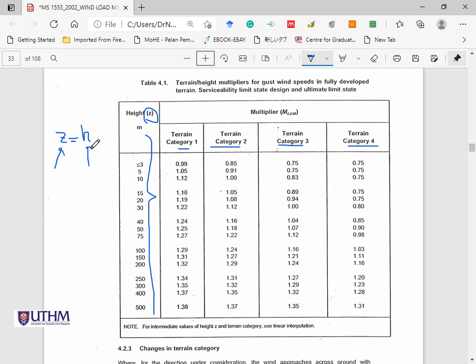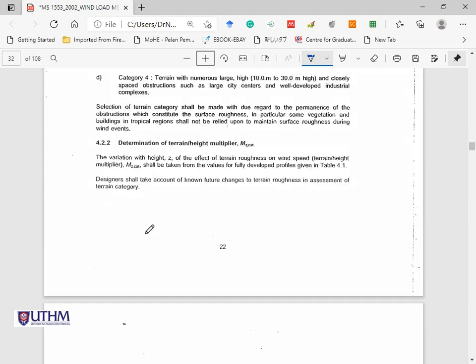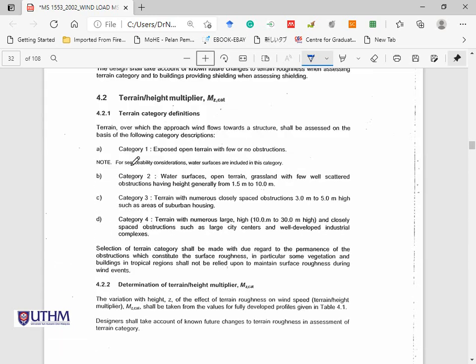For the leeward, the H is constant, the total H. Meanwhile for the windward, it depends on the height for each level, each story. Okay? And the category is mentioned here. The description for the category, this is category 1, 2, 3, and 4. So you can read this one later.